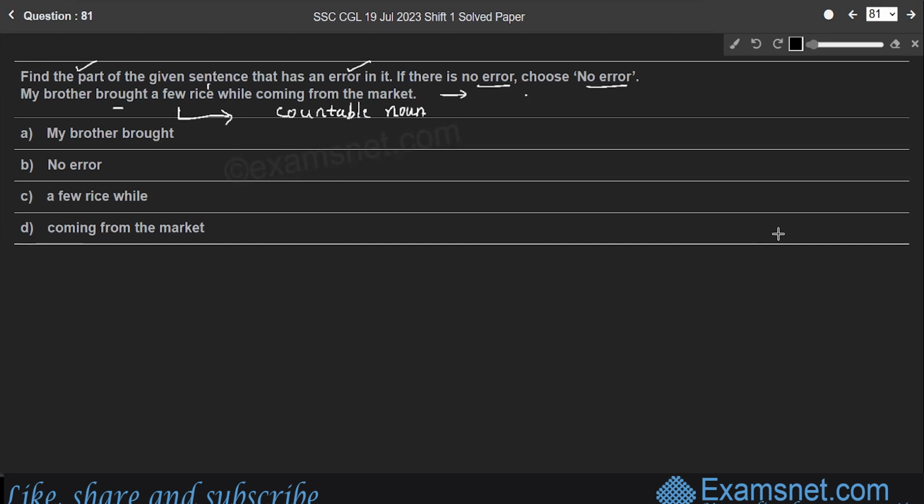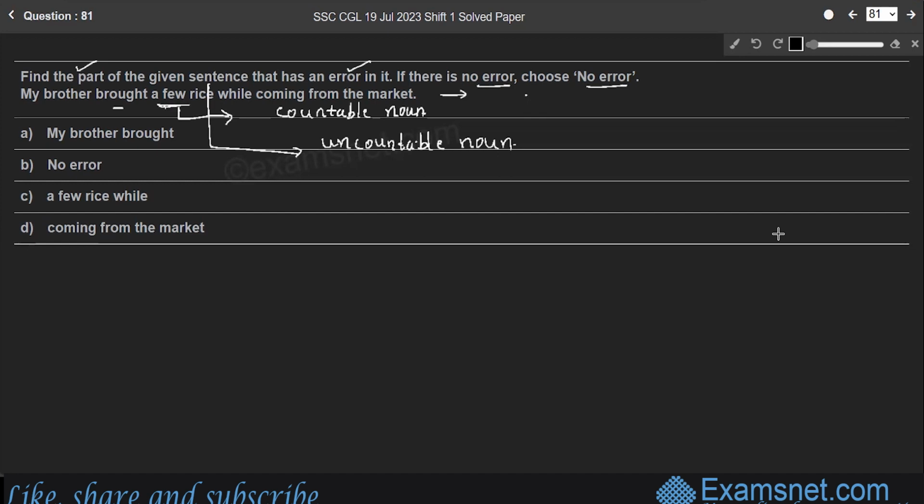Since rice is an uncountable noun, we cannot use few rice here. Instead we can use a little rice or some rice, or you can use a few grains of rice instead.